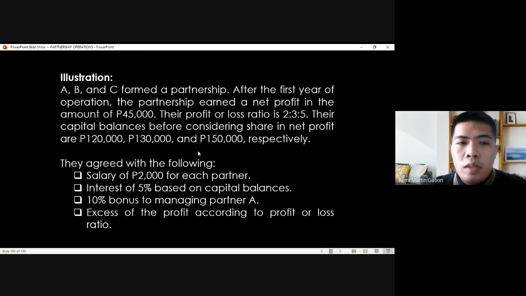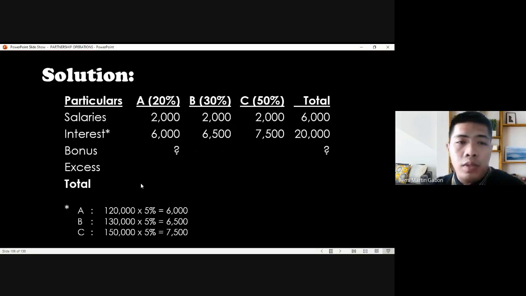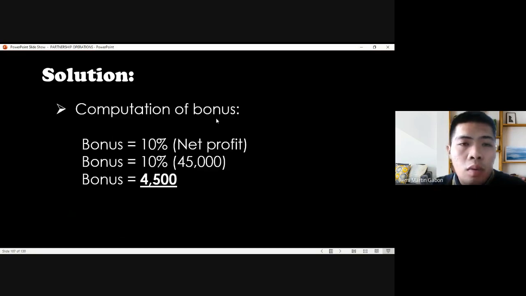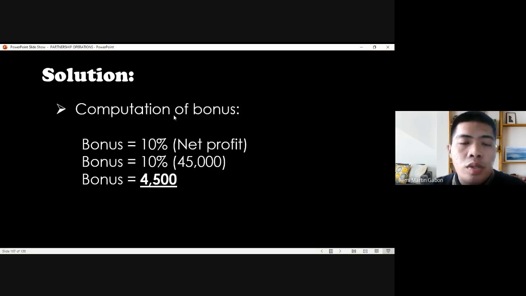So, we can have assumptions. Okay? So, assumption 1, net profit before salaries, interest, and bonuses. Pag ganito yung assumption, simple lang po yung distribution ng bonus. So, computation of the bonus, ito yung magiging analysis natin. Meron siyang bonus, naka-question mark kay A. So, yung net profit natin na before salaries, interest, and bonuses is 10% of 45,000.